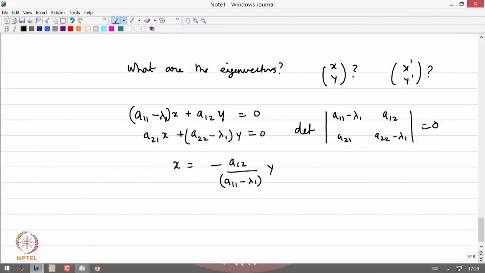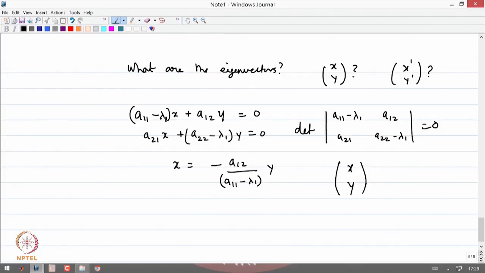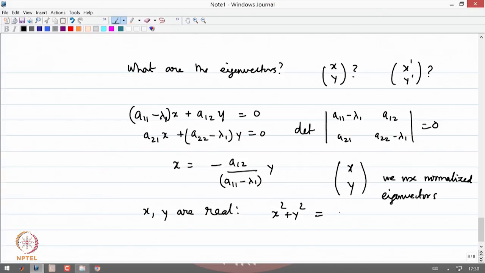Therefore, we know x in terms of y, and now you have to choose a y. Eigenvectors, most of the time in linear algebra and also in quantum mechanics, are defined as normalized eigenvectors. If x and y are real, the normalization essentially means x square plus y square is chosen to be 1.